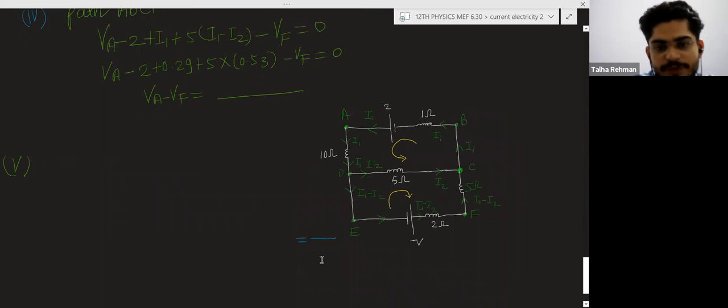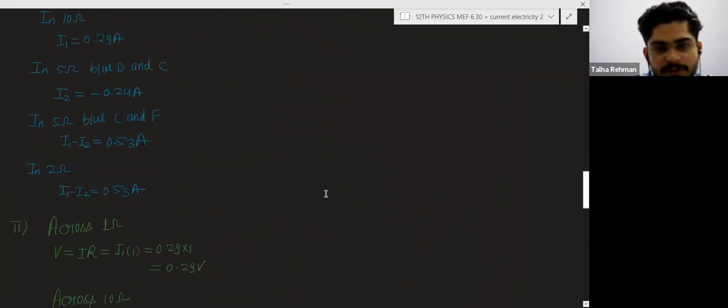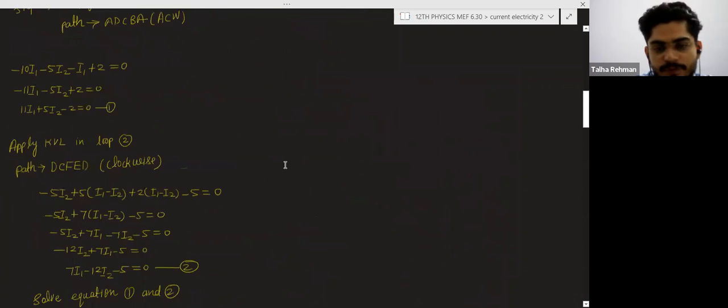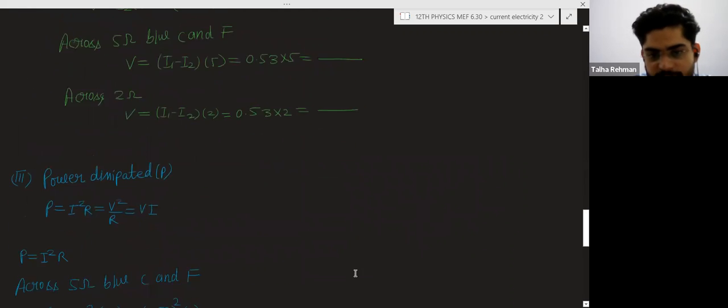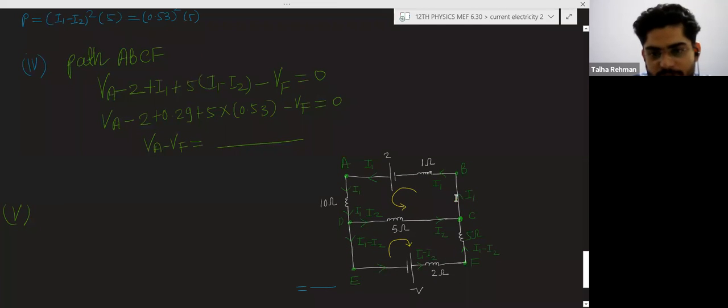Okay, now we have to find the potential difference between B and E. Just focus on the points B and E. You can take either this path, or this path.